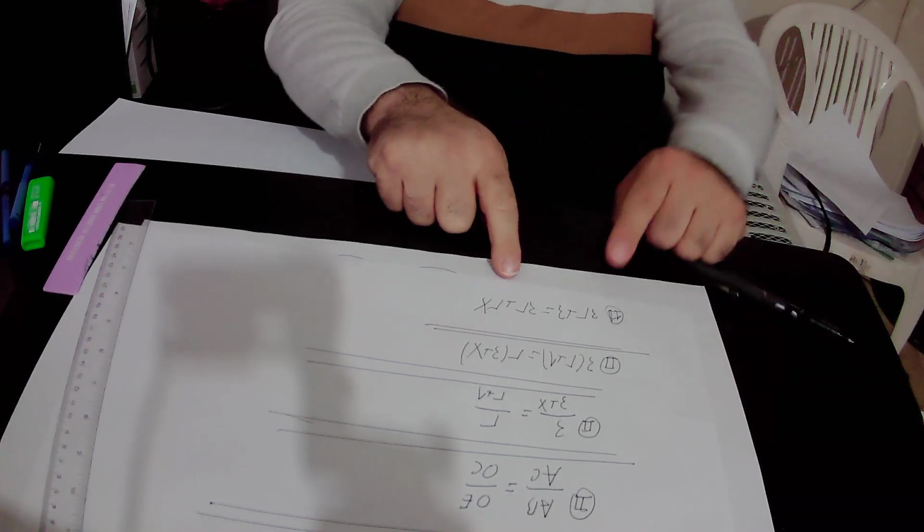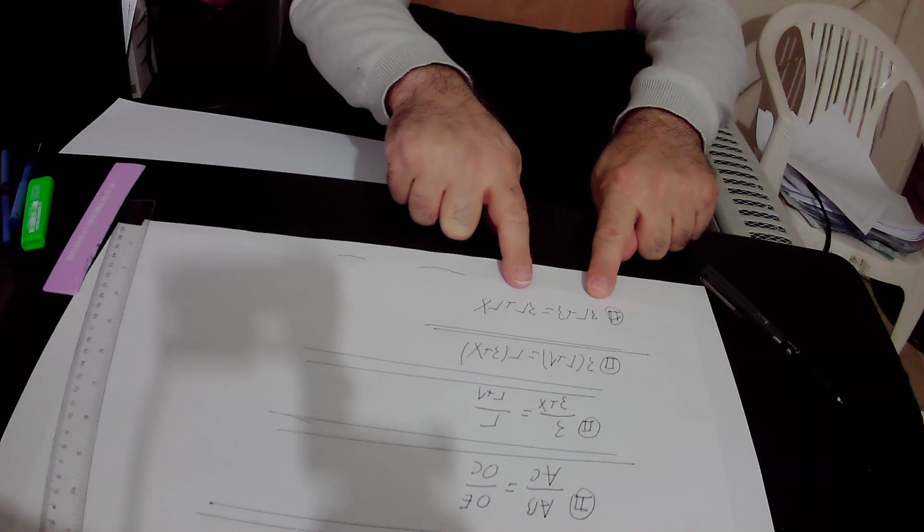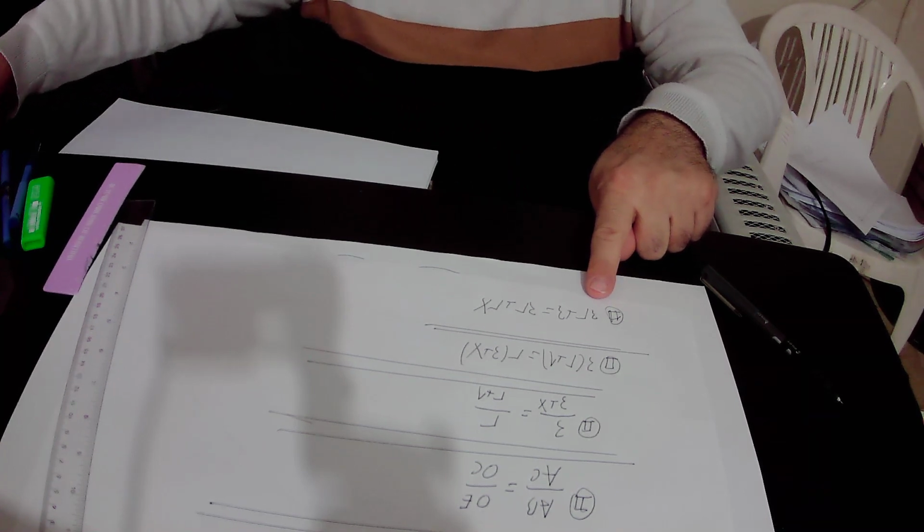Here we have 3R on both sides of the equation, so we will subtract 3R, and so 3R will get cancelled.